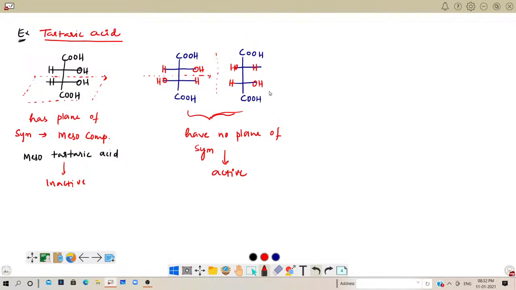Active. So in this case, these two are called enantiomers. A pair of stereoisomers which are mirror images that are non-superimposable.